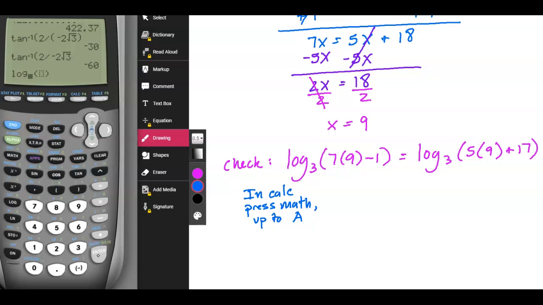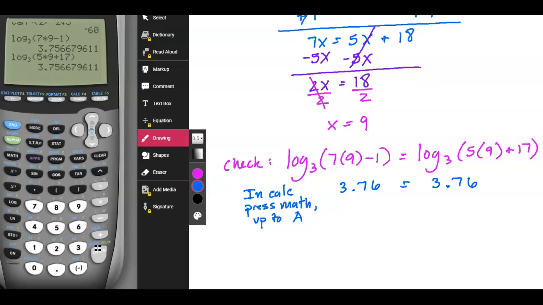And then you just type in log base 3 of 7 times 9 minus 1. And you figure out what that equals. 3.76. And then you do the other side. Log base 3 of 5 times 9 plus 17. And we also have 3.76.